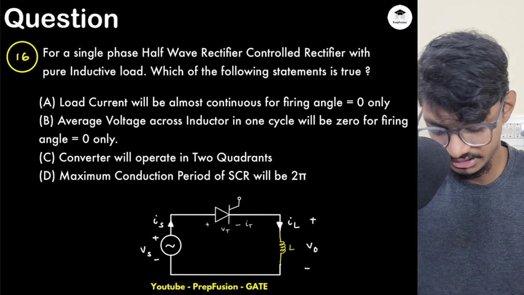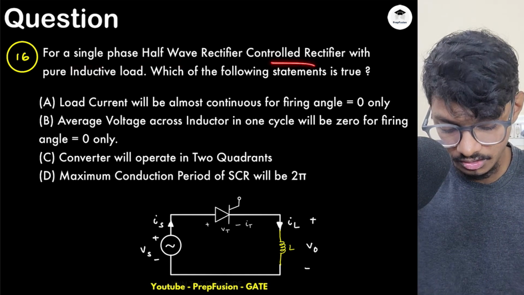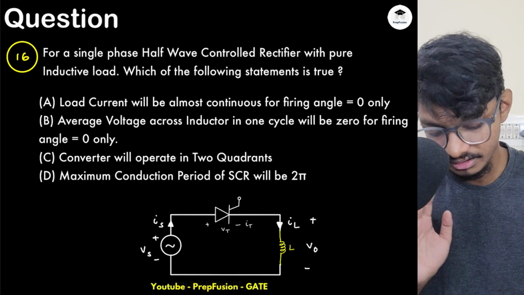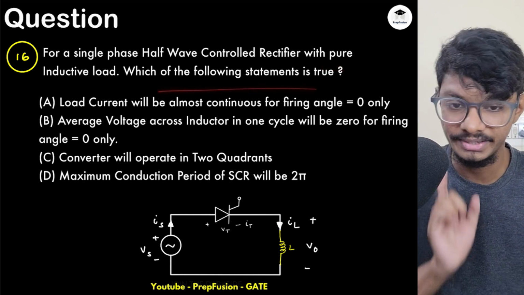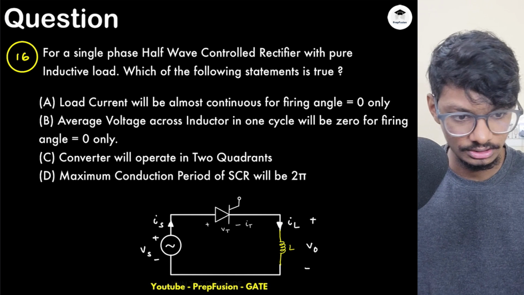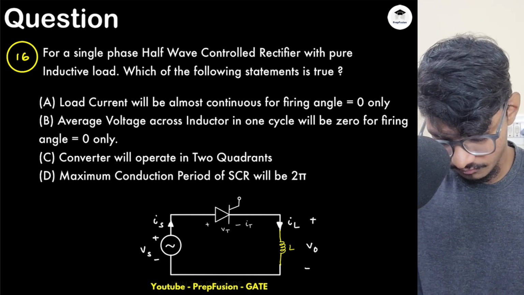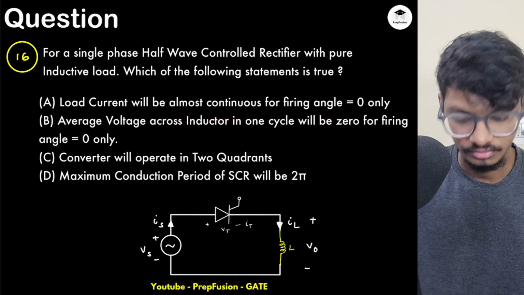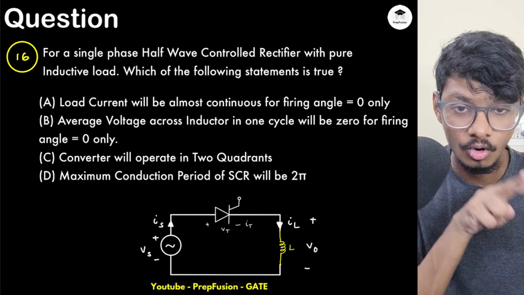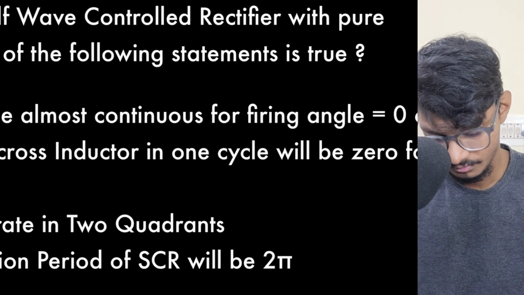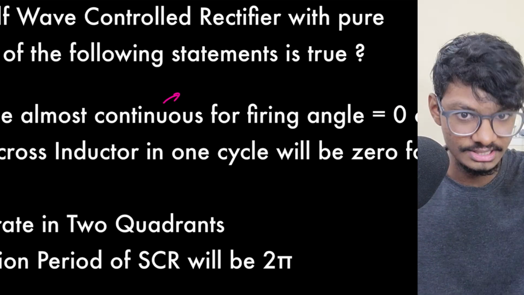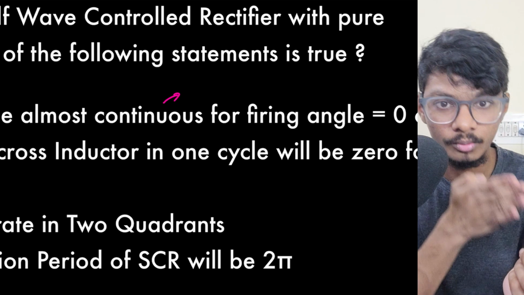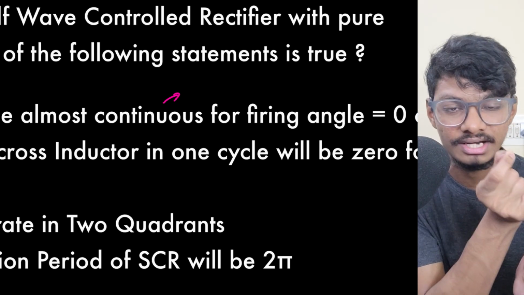Now, the next question is again a theoretical question. For a single phase half wave controlled rectifier with pure inductive load, which of the following statements is true? Load current will be almost continuous for firing angle equals to 0. This is right. Almost continuous means just on the edge of continuity. So the SCR conducts just at the instants omega t equals to 0, 2 pi, 4 pi. It is turning off for an instant, then again turning on.